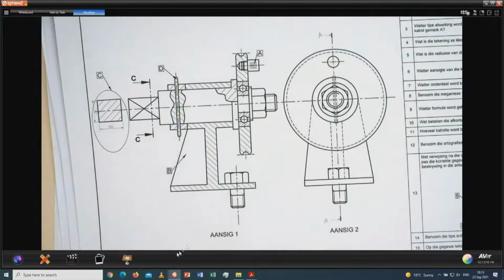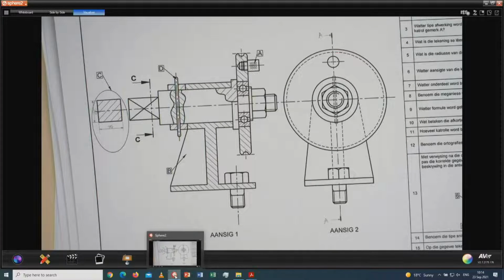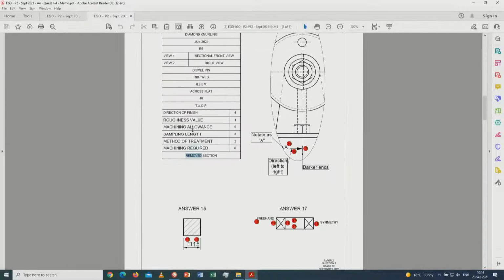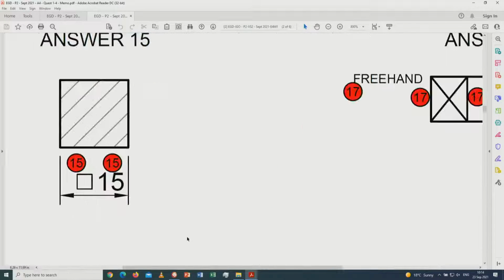But the learner forgot to put the square in, because the correct answer on this part would be square 75. Over here I've got 15 millimeters because the wording wasn't 100% correct.